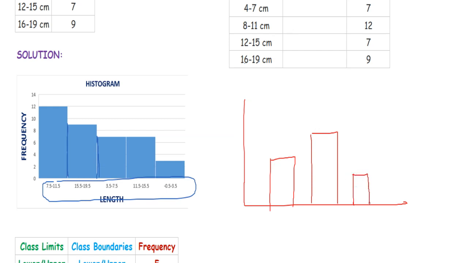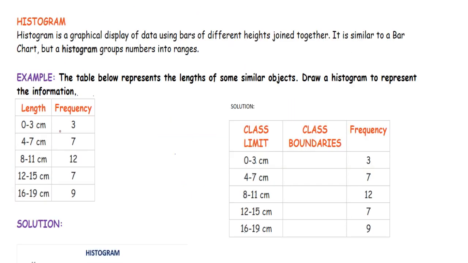So that's one major difference between bar charts and histograms. You can see space between these two bars, and the space must be equal, but we'll still look at bar charts later. For now, we are looking at how to construct a histogram.